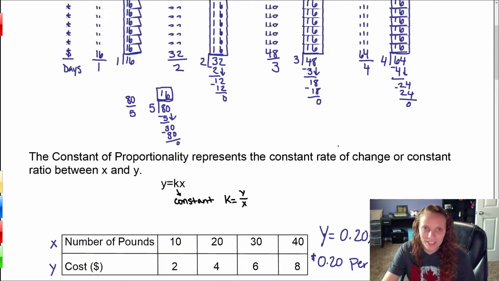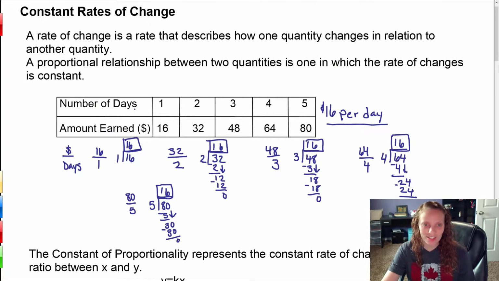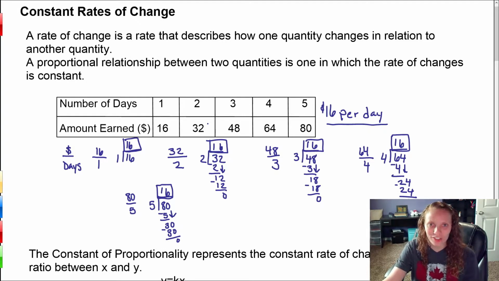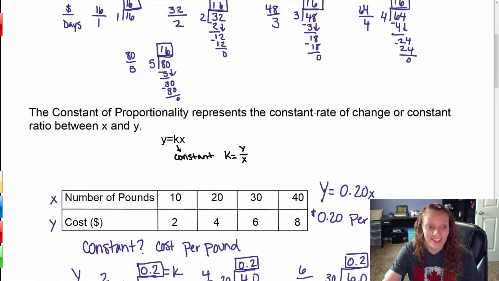Okay guys, we looked at constant rates of change. We can now look at a table and decide, is it consistent every single time? Yes, you need to work out every single part of the table, because they could trick you by messing up just one number. Like I said, if that 16 was an 8, it would have messed it up for the whole table, even though the rest of these, when we divided, would have given 16.